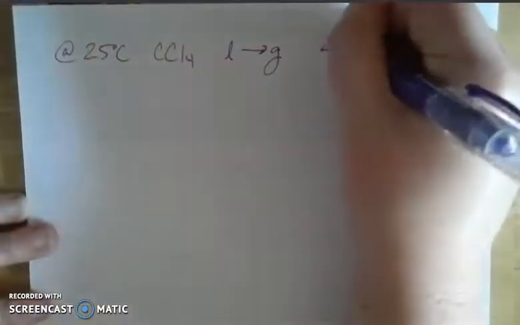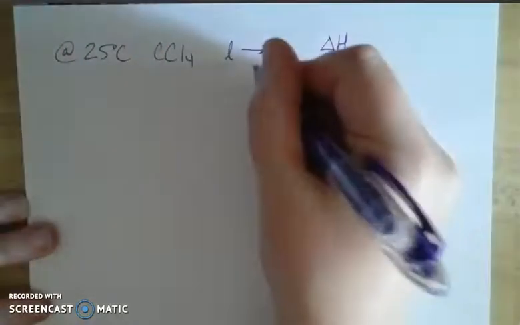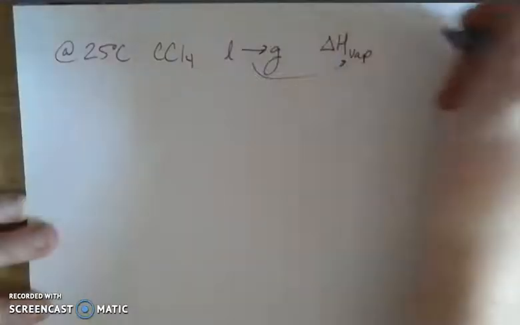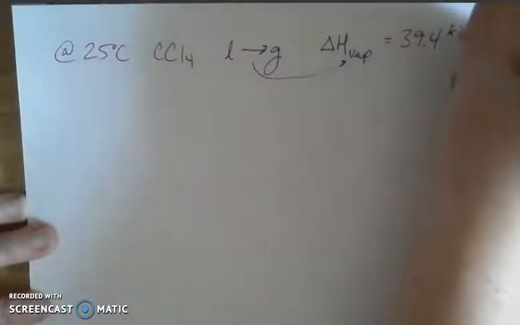Okay, so let me give you some info. If I was looking this up in thermodynamic tables, then we know that our thermodynamic quantities are at 25 degrees Celsius. Then I have carbon tetrachloride, which goes from a liquid to a gas with a delta H, which in this case, liquid to a gas is vaporization, of 39.4 kilojoules per mole.